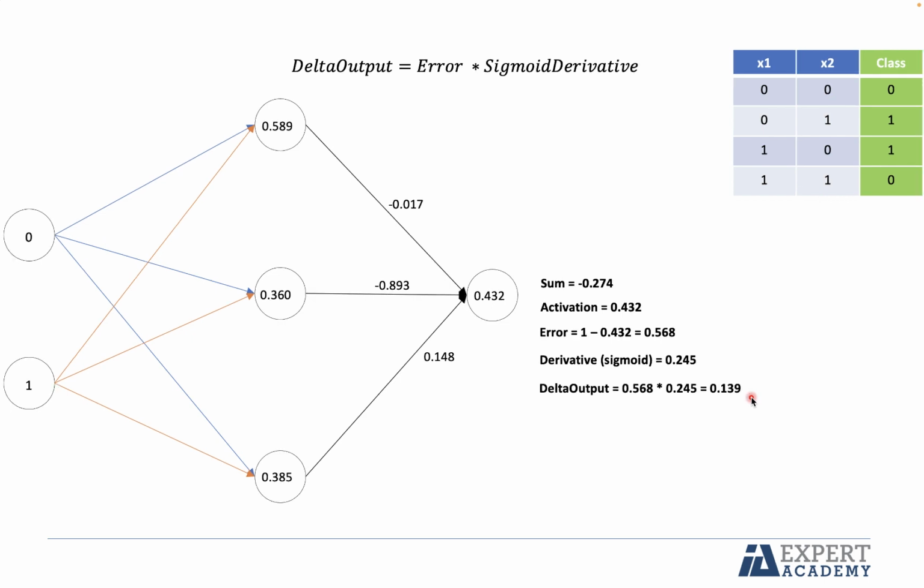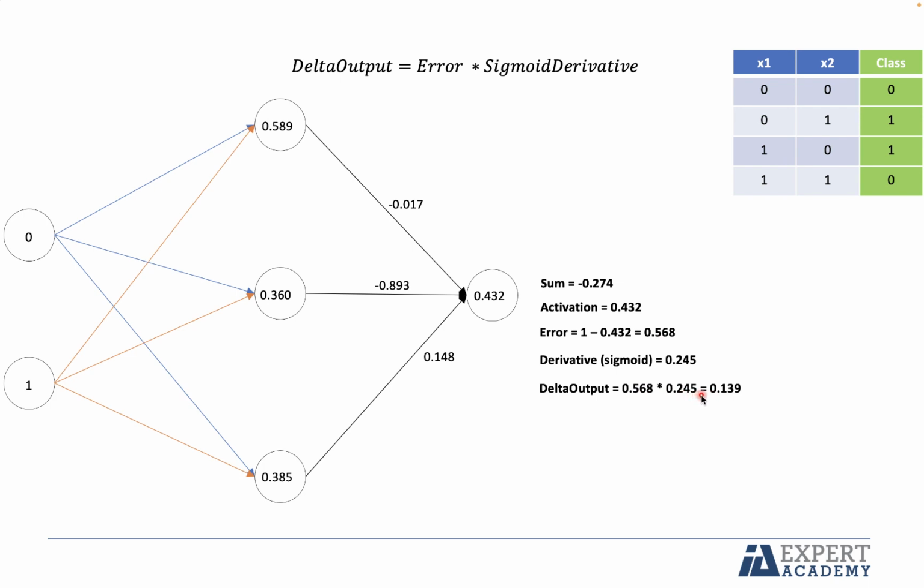Now we need to move on to the second row, as you can see here, 0 and 1. And we already have the values here, the error, the expected output minus the prediction. When we send the activation to the equation, the derivative is 0.245 and the delta output, the error times the derivative.